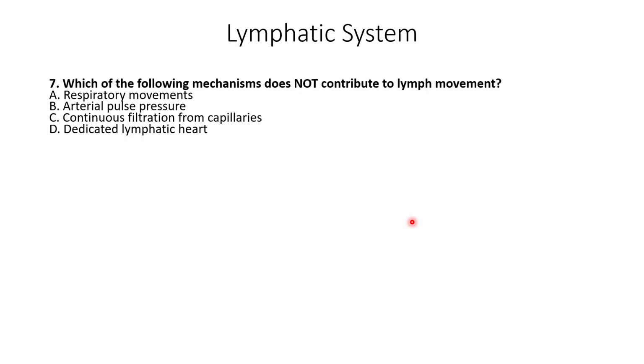And of course, continuous filtration from capillaries is important for lymph movement because that decides how much tissue fluid is being produced at the capillary level. So A, B, and C, by direct or indirect means, have clear effects and contribute to lymph movement, whereas D is just a false option.